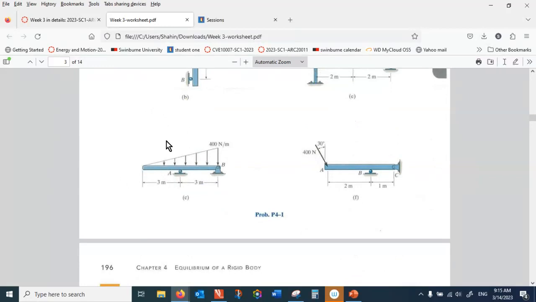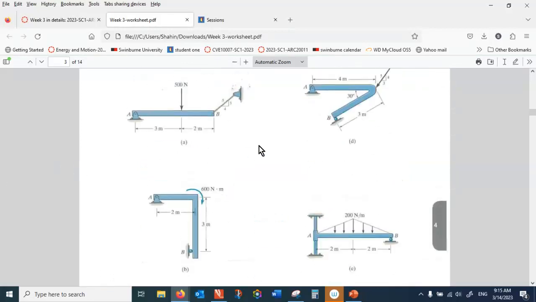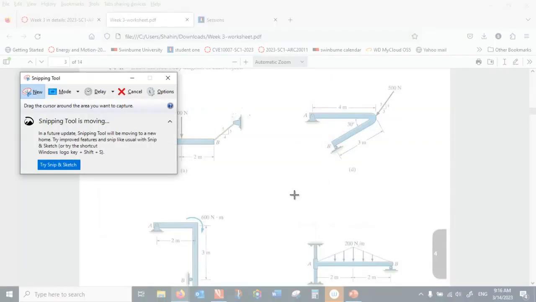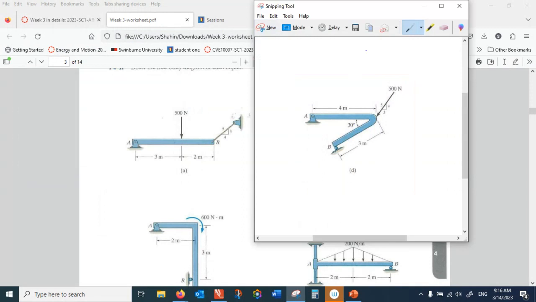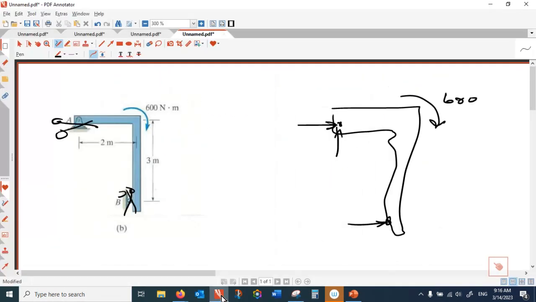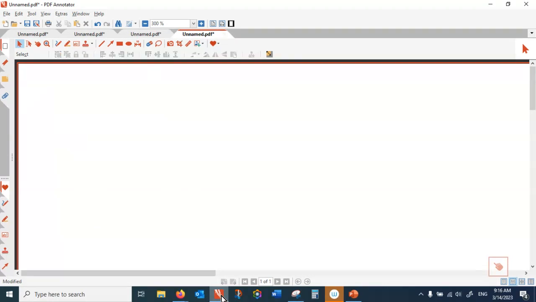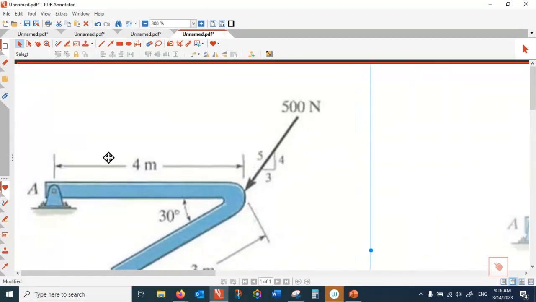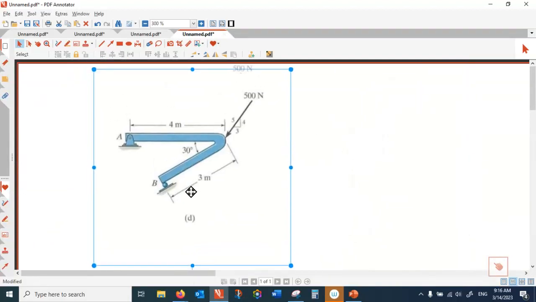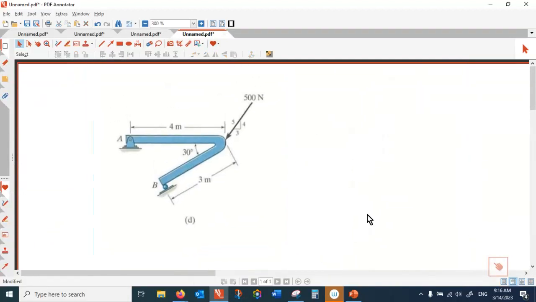All right. So this one has what is called a distributed force. Don't worry about that. We include that later on. Let's take this one. All right, so this is attached to the board.